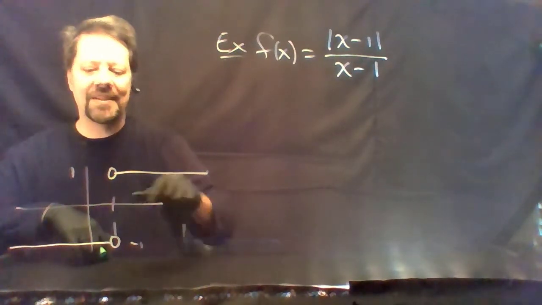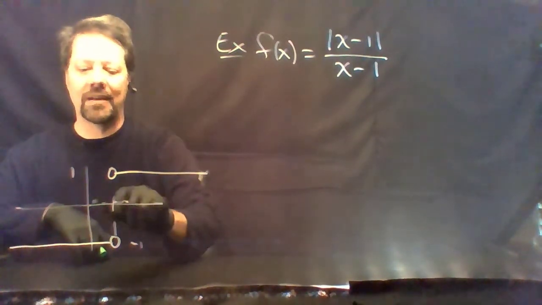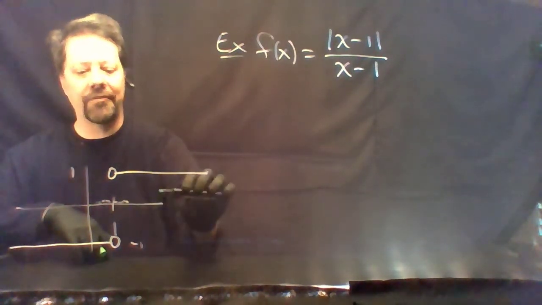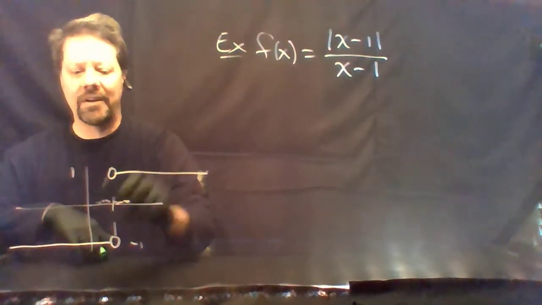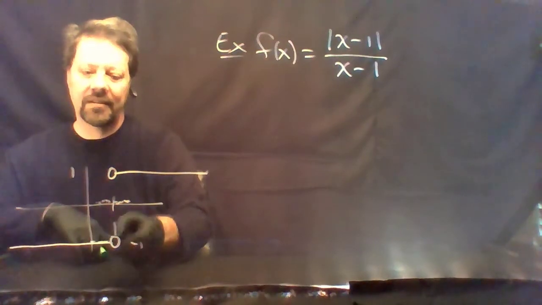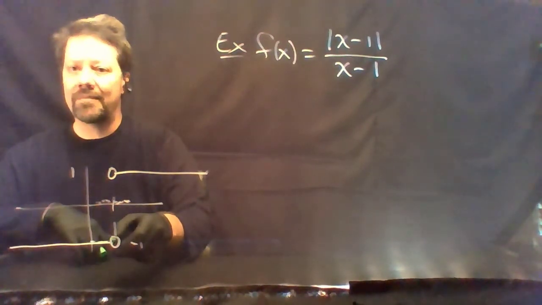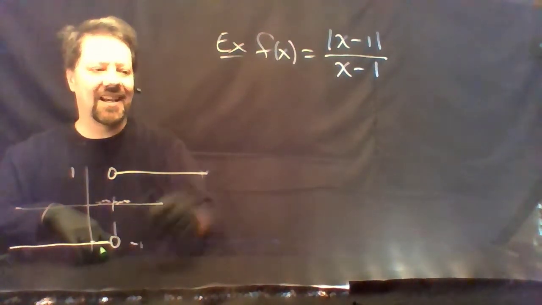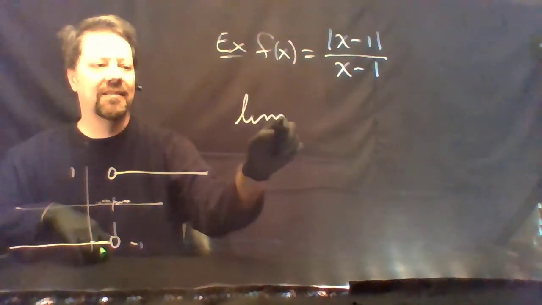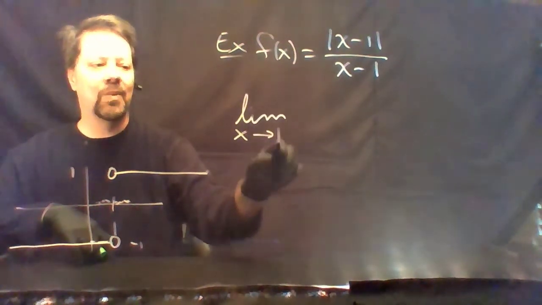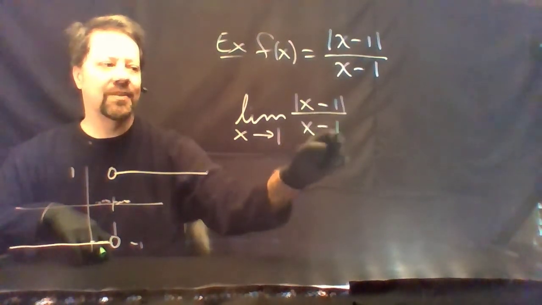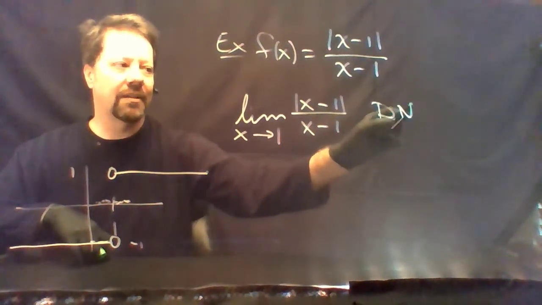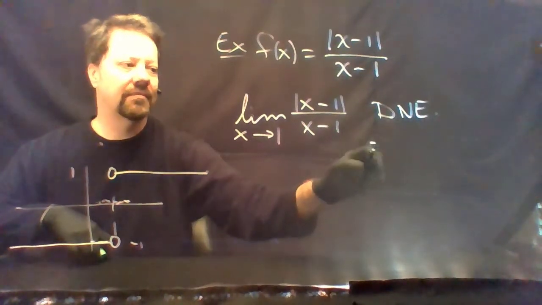So, what happens in the limit as we approach 1? Well, if we approach from the right, we should get a height of 1, but if we approach from the left, we get a height of negative 1. In this case, the limit as x tends to 1 of the absolute value of x minus 1 over x minus 1 does not exist.